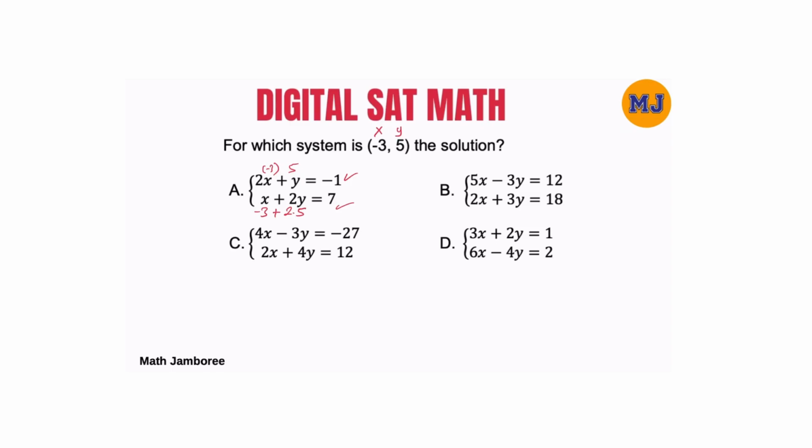In choice B, we have 5 times -3 gives us -15, and minus 3 times 5 is -15. -15 minus 15 is -30, not +12. Therefore, this is not the answer.